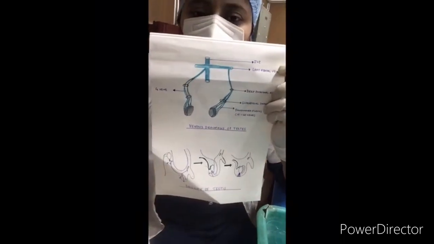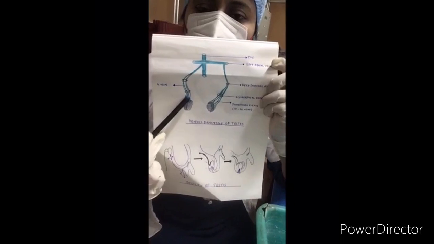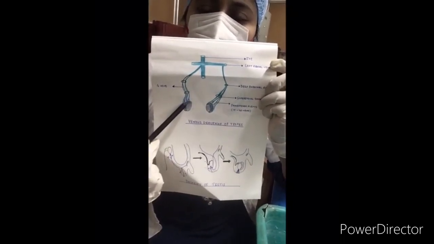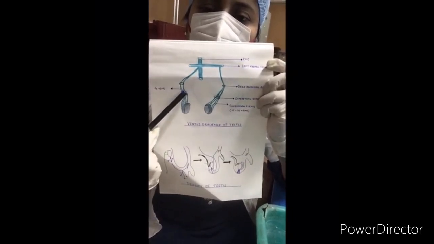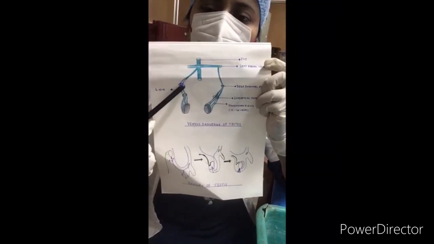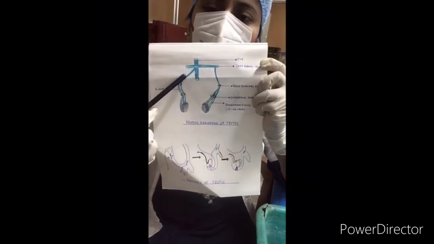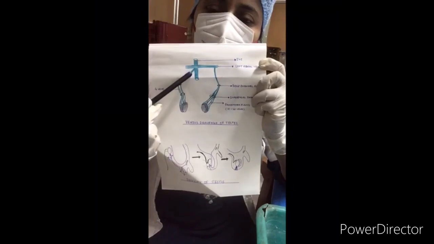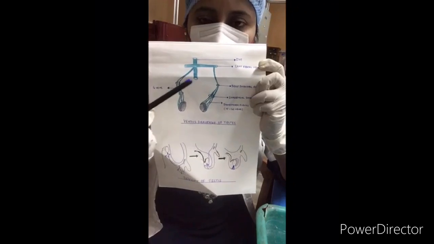So you can see from this picture, this is the testis. These are the pampiniform plexus of veins. At least 15 to 20 arise from the posterior border of the testis and unite at the superficial inguinal ring. Then 4 veins traverse the inguinal canal. Then at the deep inguinal ring, only 2 veins are there. Then again they unite, and at the posterior abdominal wall, it drains into the inferior vena cava.